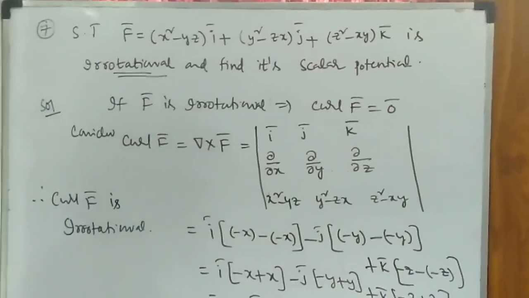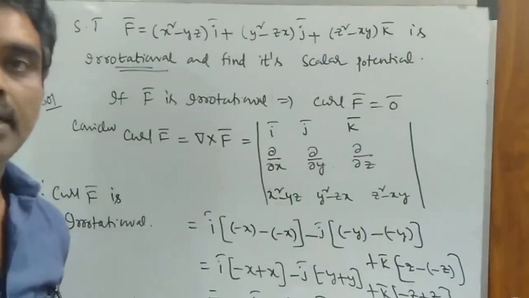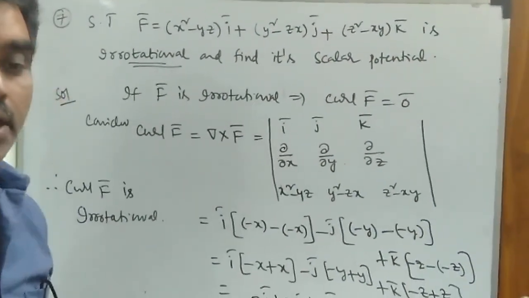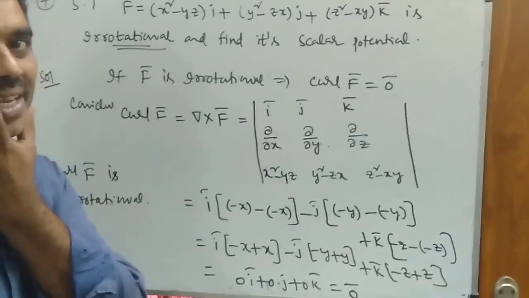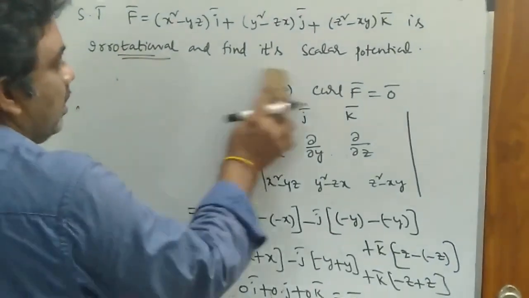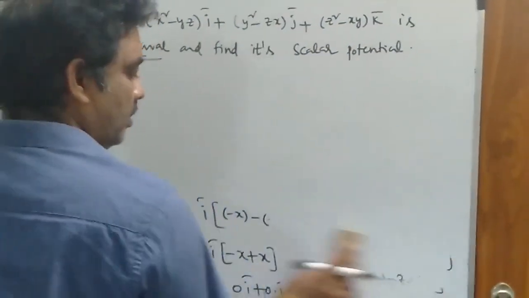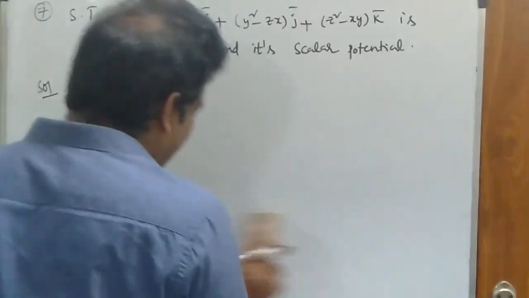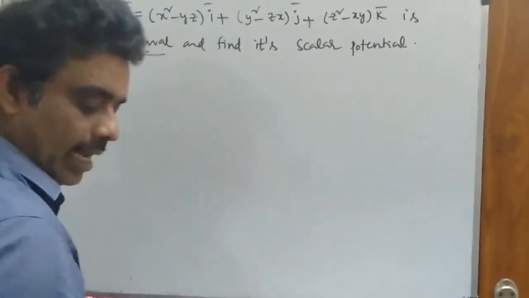Now the scalar potential also. Scalar potential phi. I already told that if f bar is an irrotational vector, then there exists a scalar potential phi such that f bar is equal to grad phi.